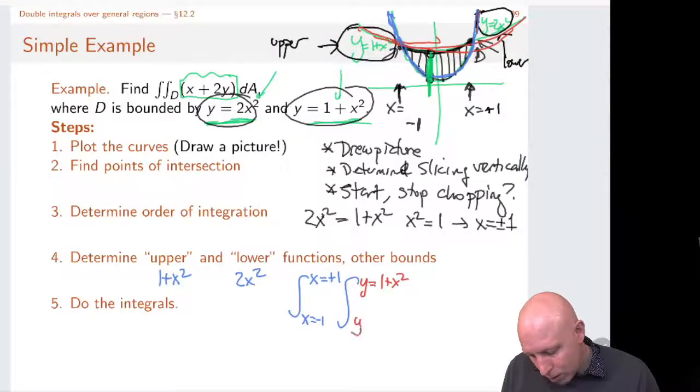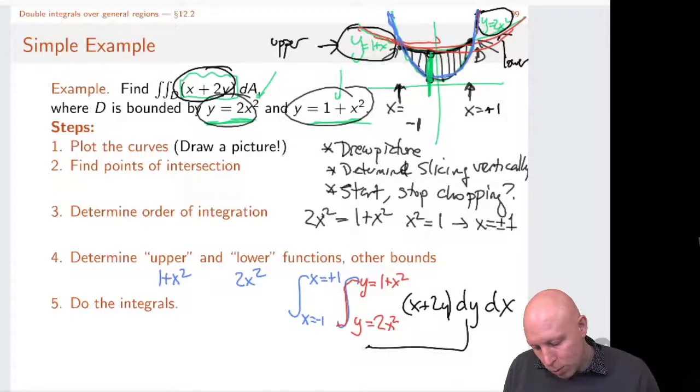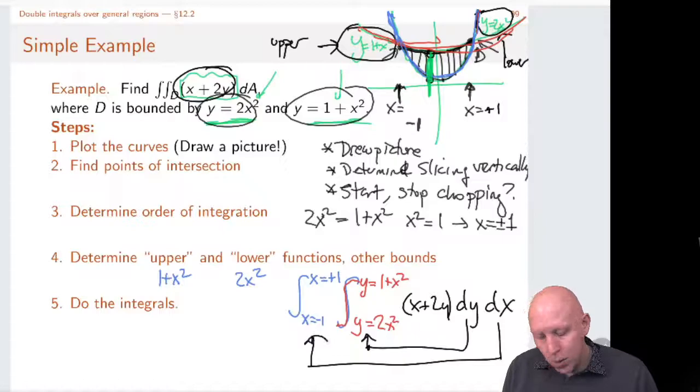The lower function is y is equal to 2x squared. And then we are integrating. Now comes in what actually our function was. Our function was x plus 2y, and then we have dy dx. Remember, the first one corresponds to the innermost integral, and the last one corresponds to the outermost integral.